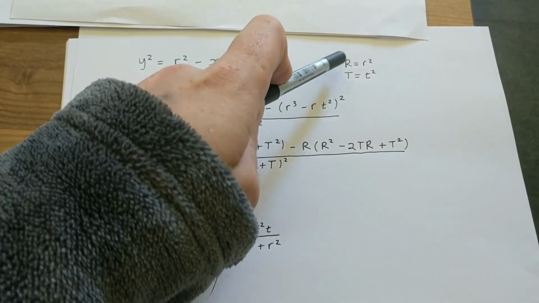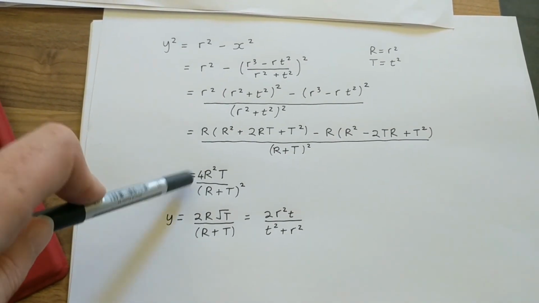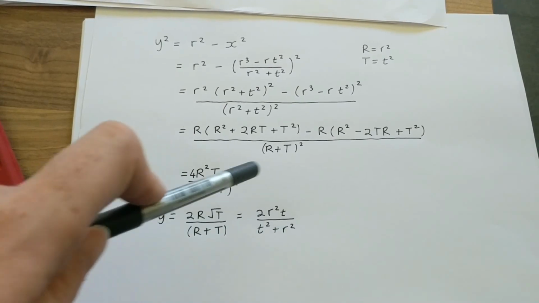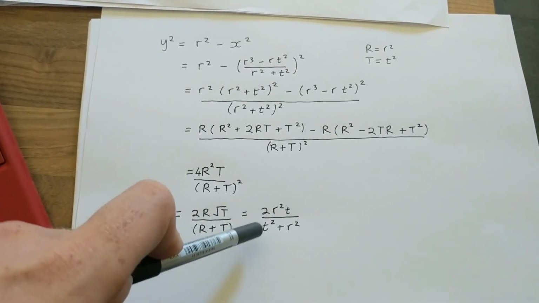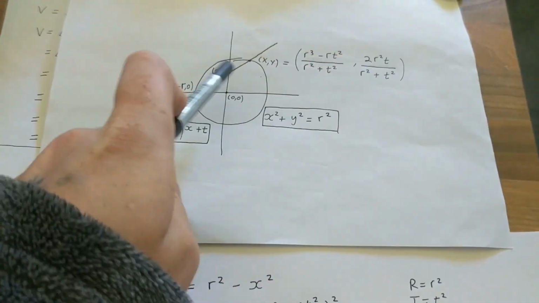Capital R is little r squared, capital T is little t squared. So we can take the square root of this, and we find that y is equal to 2r squared t divided by r squared plus t squared, just as we have it up here. So we've basically proved this formula now.